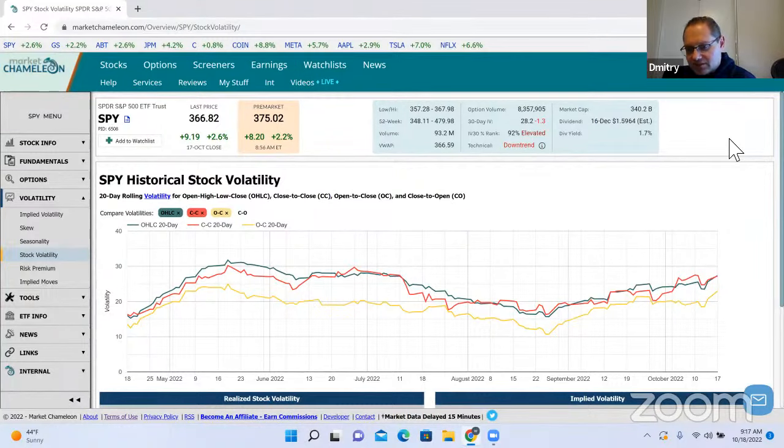Okay, that's what the red line's telling me. Whatever the move is, it doesn't just move to the high, come back down, move to the low, and come back into unchanged. It tends to keep moving and closing near the high of the day or near the low of the day.